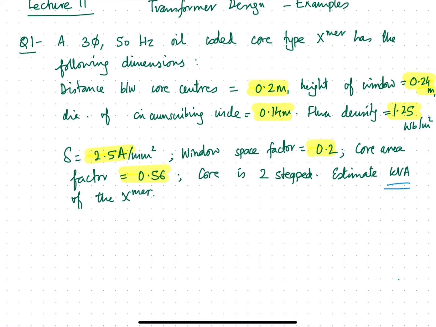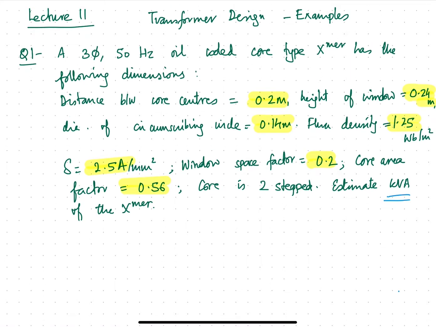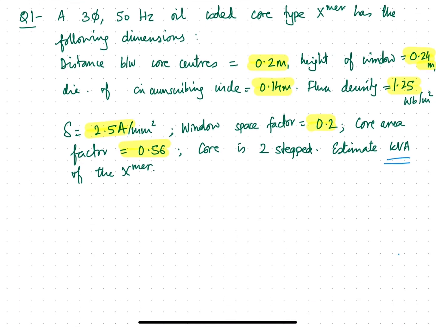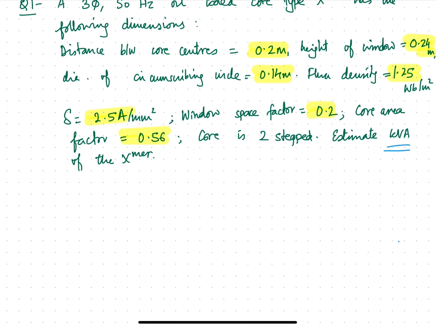So the first question we have today is we are given a three-phase 50 hertz oil cooled core type transformer with the following dimensions. The distance between core centers is 0.2 meters. The height of the window is 0.24 meters. The circumscribing circle has a diameter of 0.14 meters, and the flux density is given to be 1.25 Weber per meter square.